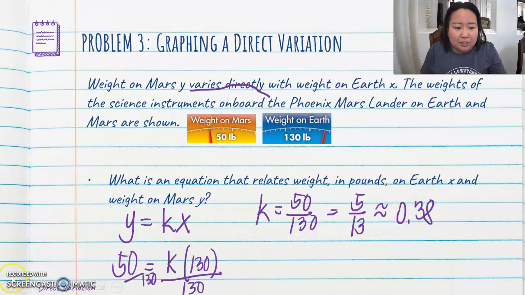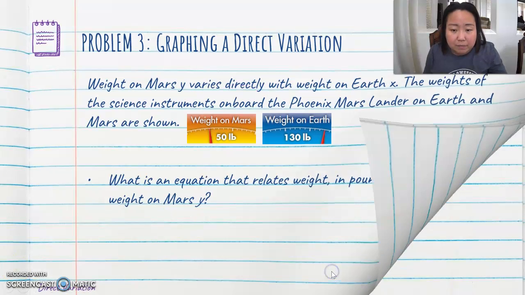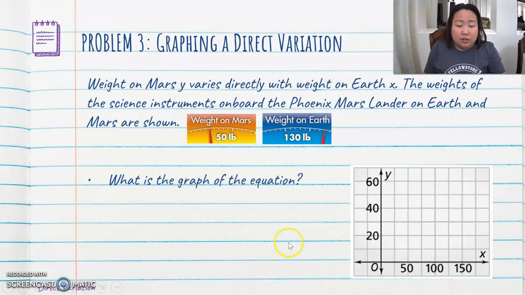Now let's go to our next part of the question. How would the graph of the equation y equals 0.38x look like? Remember our equation now is y equals 0.38x.